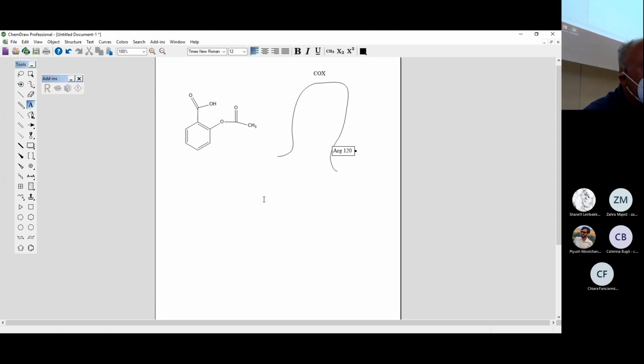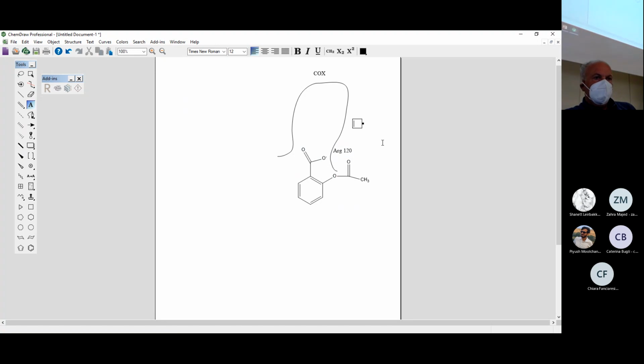And so at the beginning, we have the interaction of O minus with the protonated nitrogen atoms of arginine 120, and then we have the normal ionic bond.